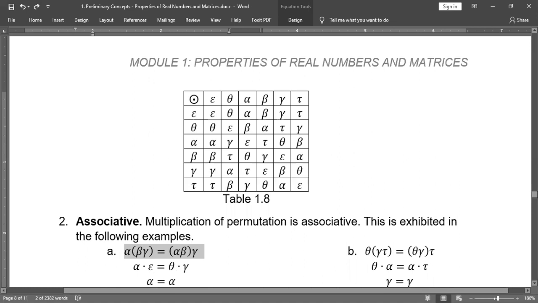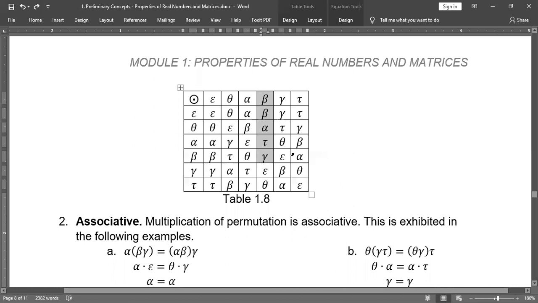So, ang beta gamma natin is epsilon. Papalitan natin yung beta gamma ng epsilon. And then, ang alpha epsilon is alpha. Okay? Alpha epsilon is alpha.